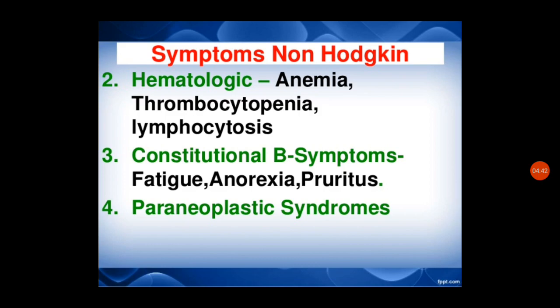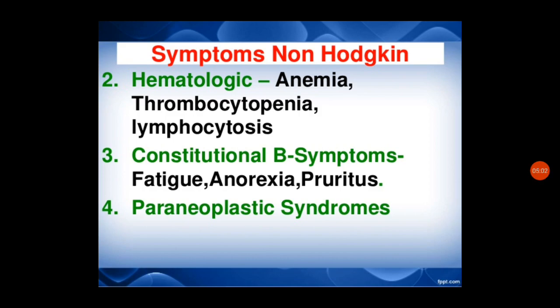The other symptoms include hematologic ones, that is anemia, thrombocytopenia, and lymphocytosis. Then constitutional symptoms, which we name as A and B symptoms. The B symptoms include fatigue, anorexia, and pruritus.